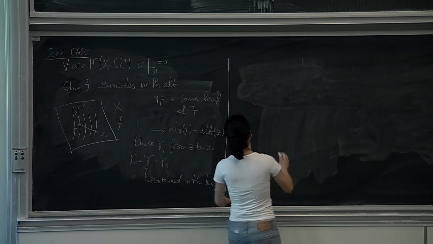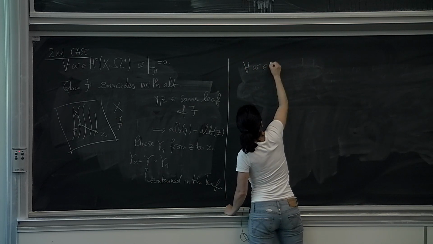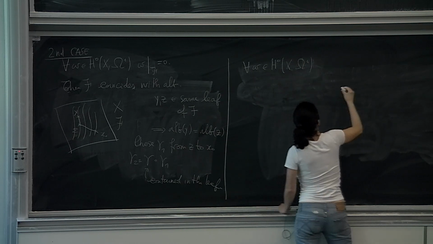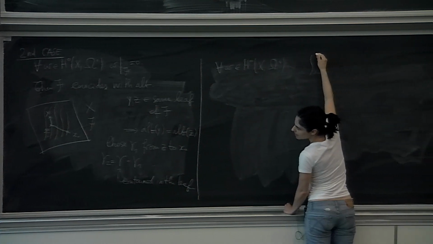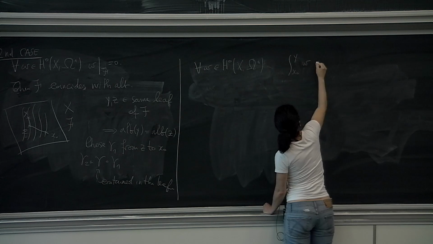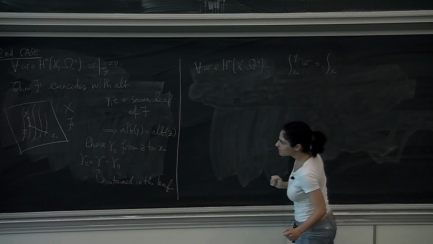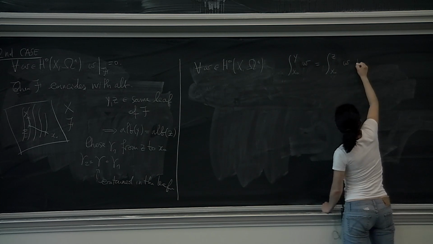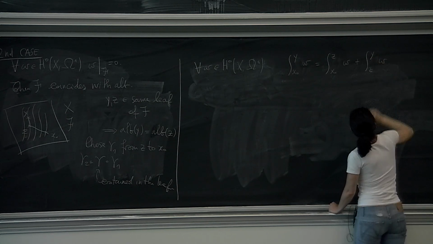But it's easy to see that then for all one-forms, the integral from x0 to y is the integral from x0 to z, and then from z to y, and this is 0.